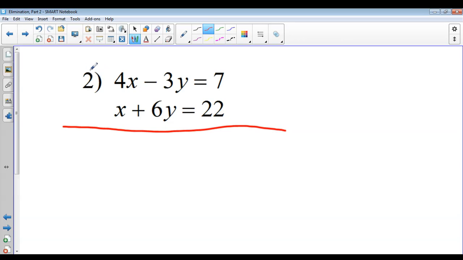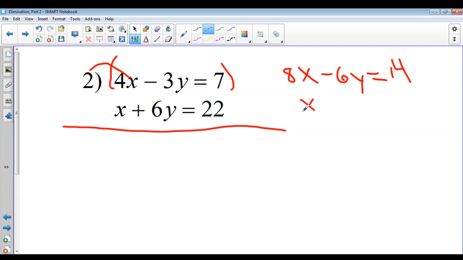If I multiply the top row by 2, I'm going to put it in parentheses, we're going to get 8x minus 6y is 14. The number one mistake people make is that they don't multiply all of the terms. So just make sure you do that. And then you shouldn't have really any problems, okay?